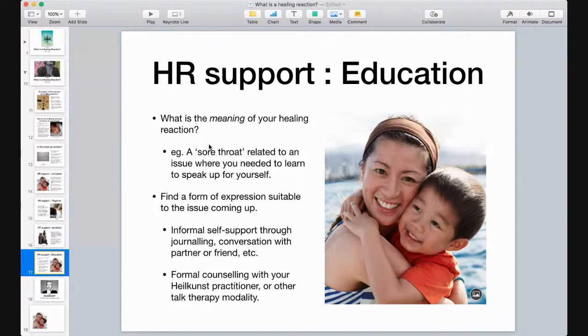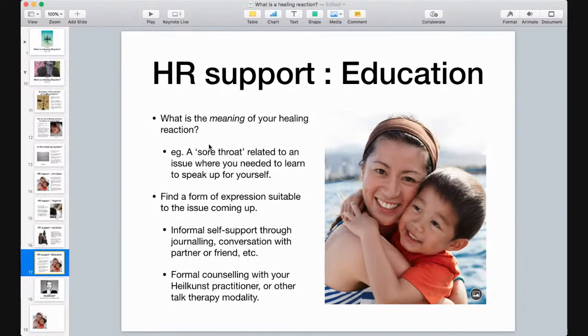Well, that could very likely be your body telling you, yeah, this is about you learning that it's time that you start to speak up for yourself, basically. That can be the lesson that the physical healing reaction is showing you. As I say, that's one simple example, but you can use your imagination to see how that may apply to any number of physical symptoms and how the body speaks this kind of symbolic language, through all these different symptoms and body parts.